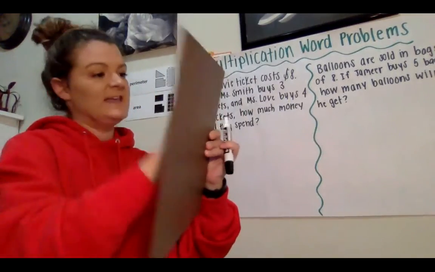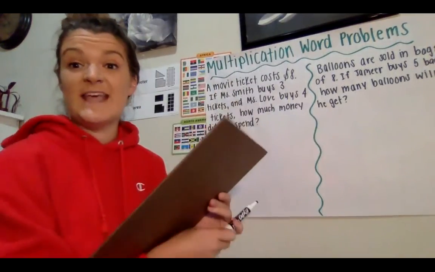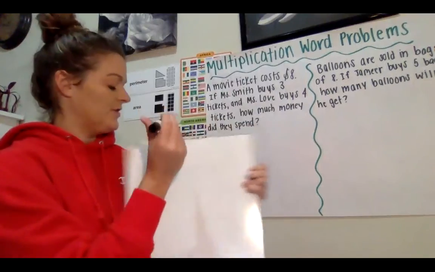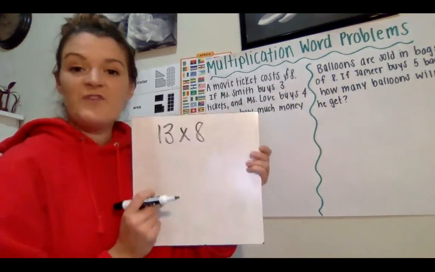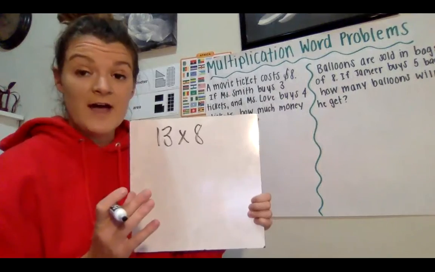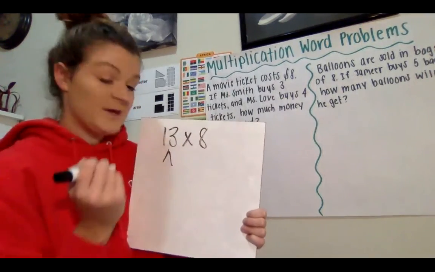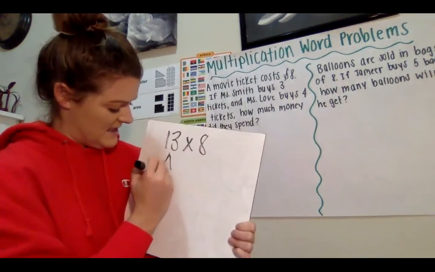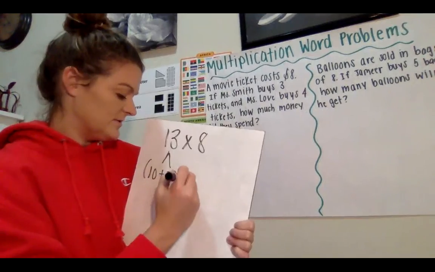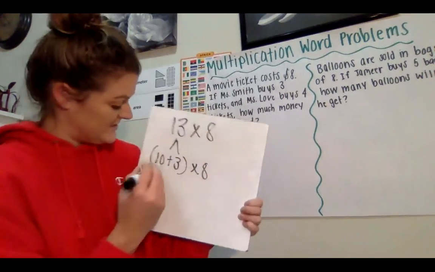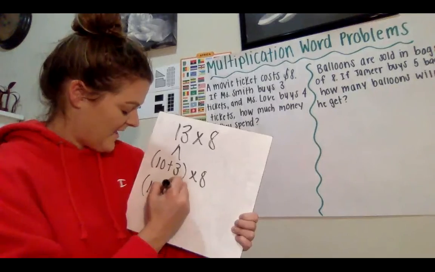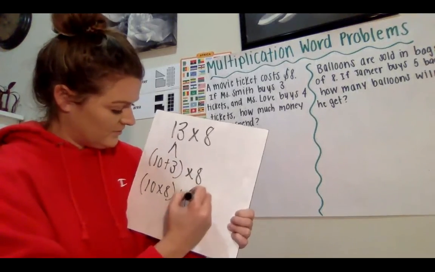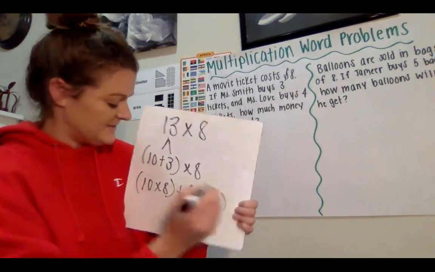Your next one is 13 times 8. Which factor should we break apart? The bigger factor, which would be 13, and we can break it into 10 and 3. So 10 plus 3 times 8 becomes 10 times 8 plus 3 times 8.